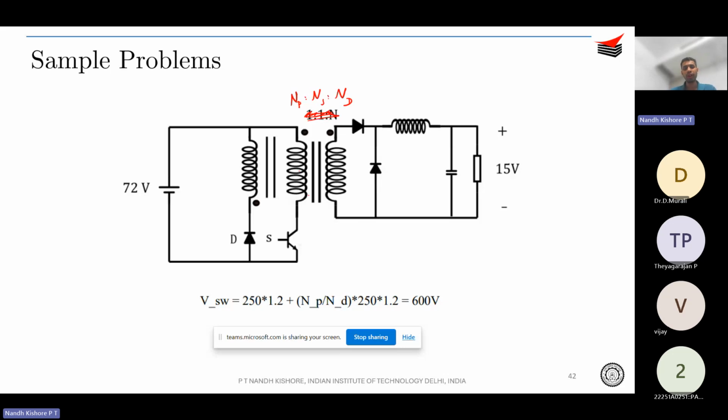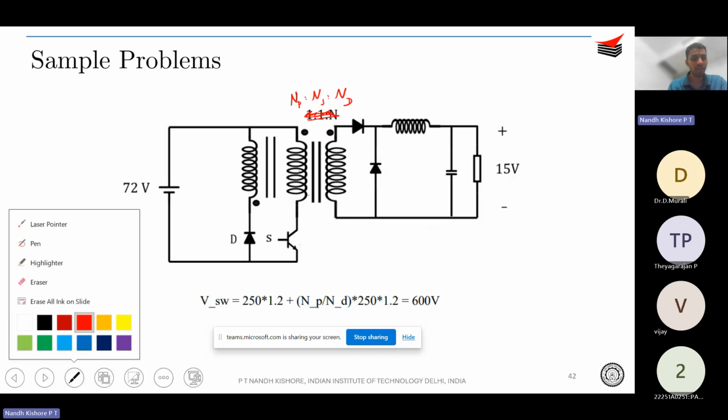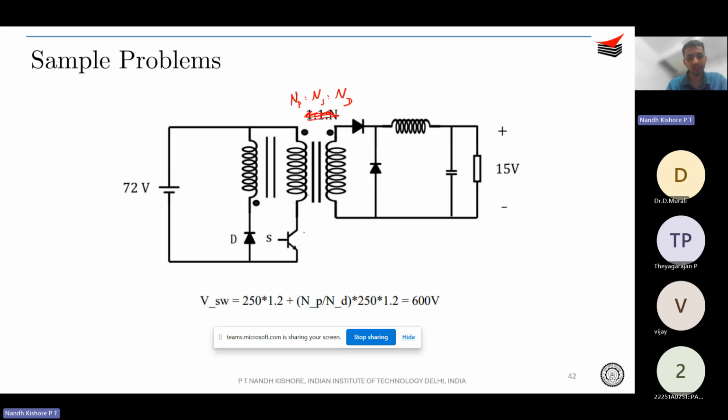So what is the switch voltage? Since your NP and ND are different, again we go to the same logic that we applied some time back. When your switch is off, when this device is off, obviously your switch voltage is equal to V in minus VP, correct?